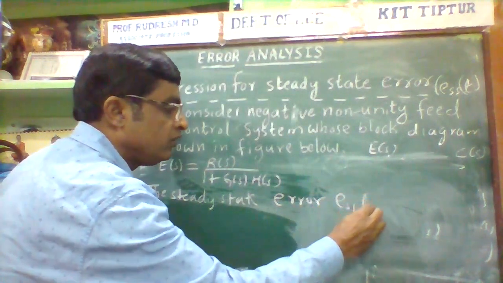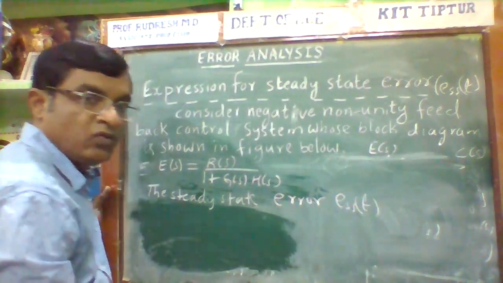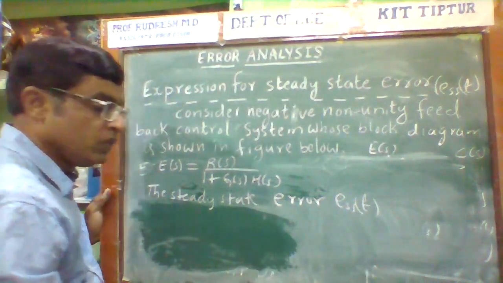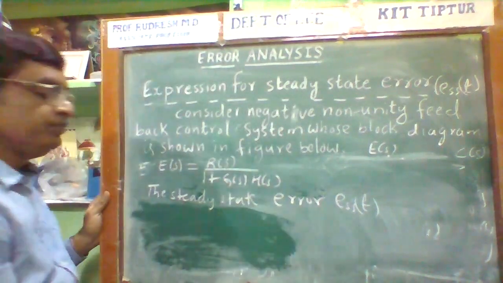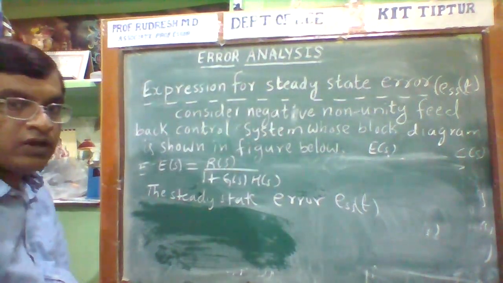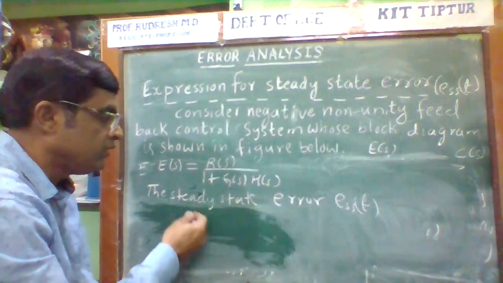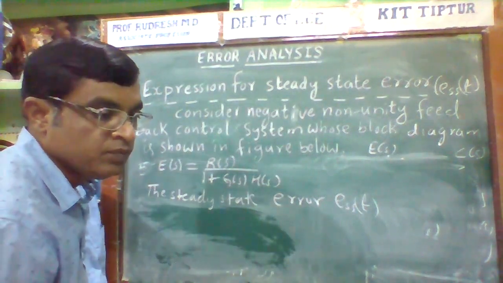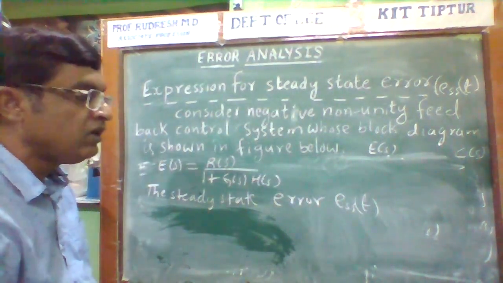The steady state error e_ss(t) can be obtained by applying the final value theorem.